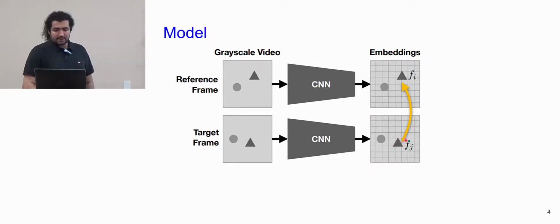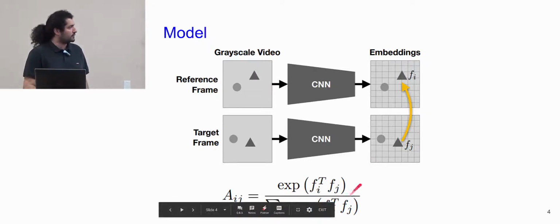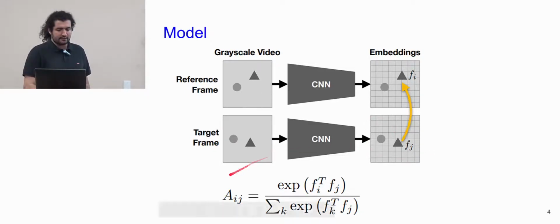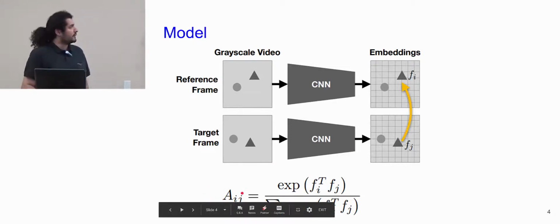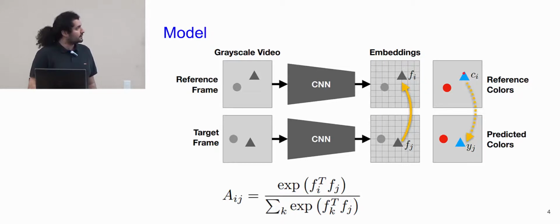For a pixel in the target frame, we compare its vector with all of the reference frame pixels in order to find similarity, which we calculate by dot product. If we repeat this process for all pixels in the target frame, we have a similarity matrix A which gives us the correspondence map.